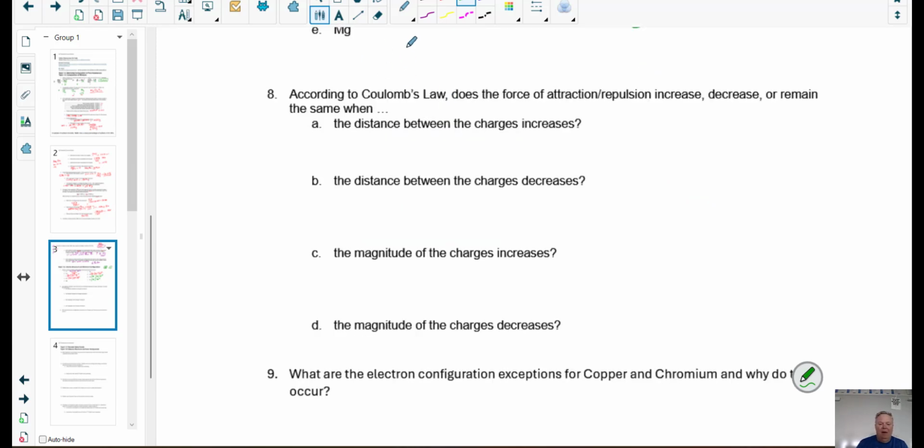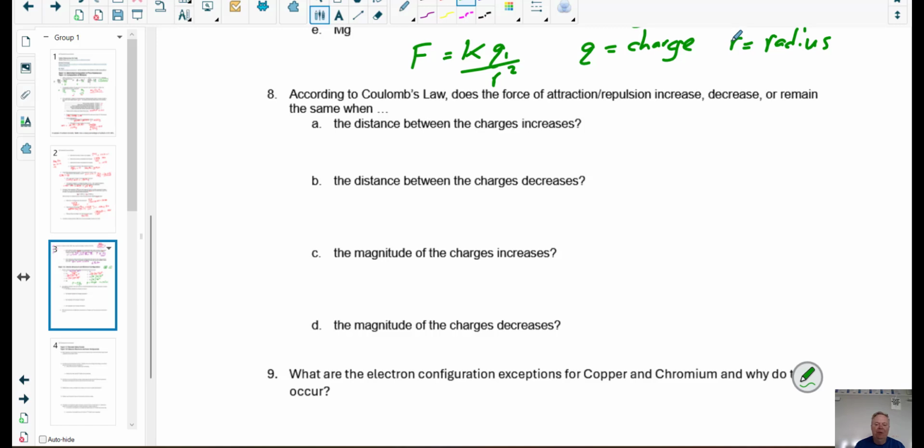All right, so looking at Coulomb's law. Coulomb's law is force. We have some kind of constant, and then we're looking at a charge over distance squared. Q is the charge, and R is the radius of the atom, or the distance between them.